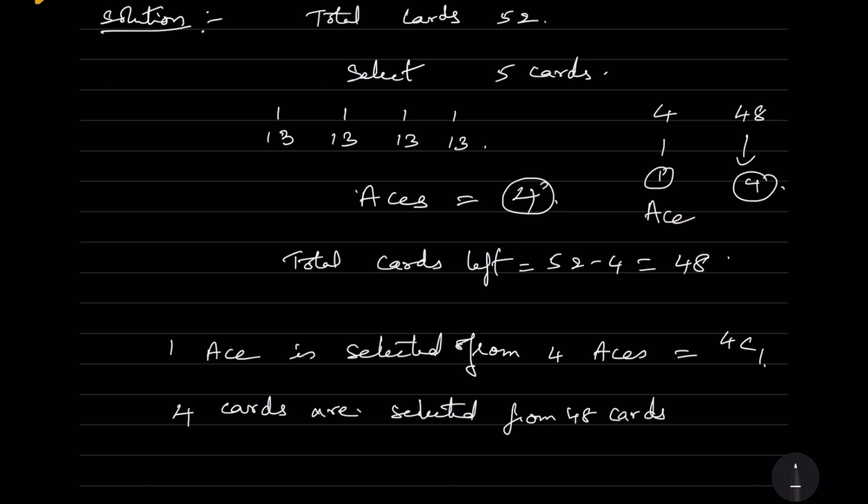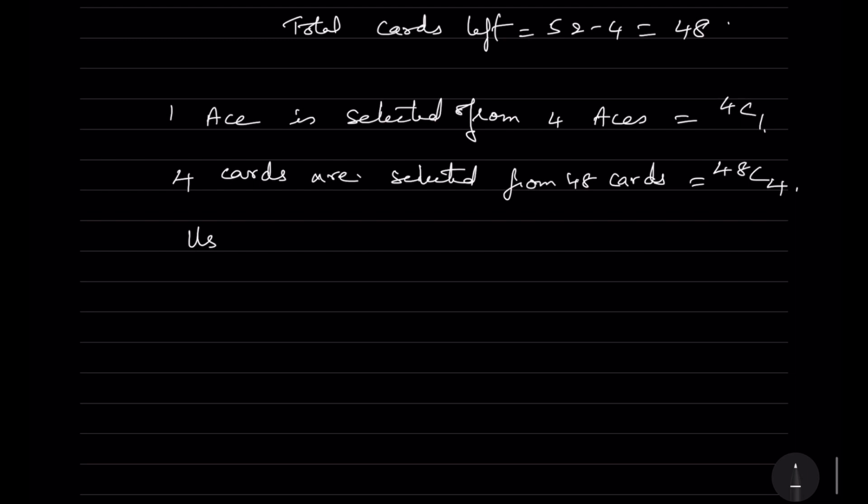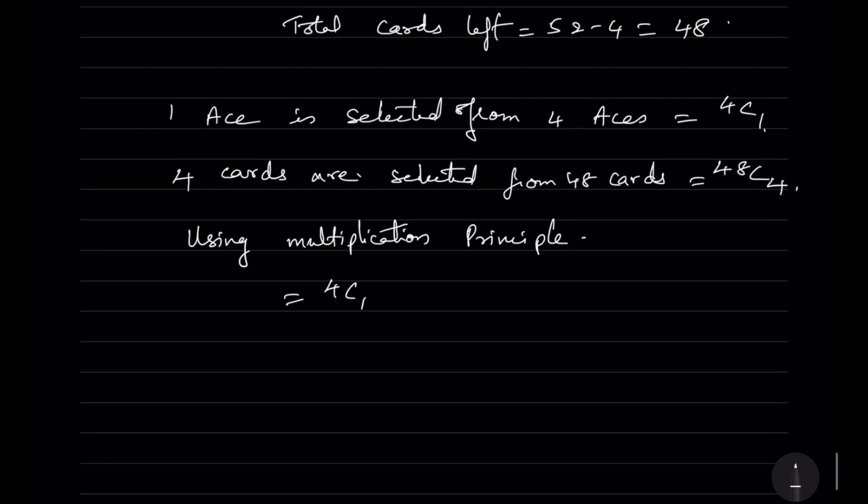In how many ways can it be selected? 48C4. So now using the multiplication principle we can write 4C1 into 48C4.